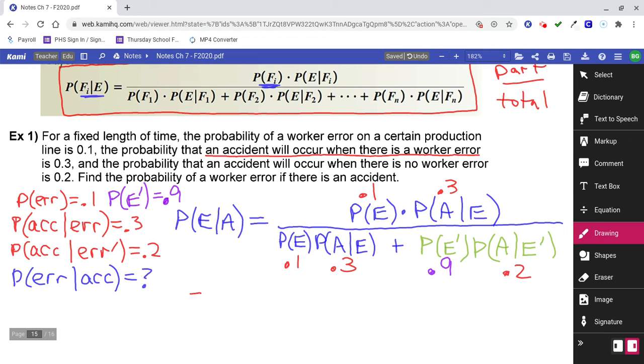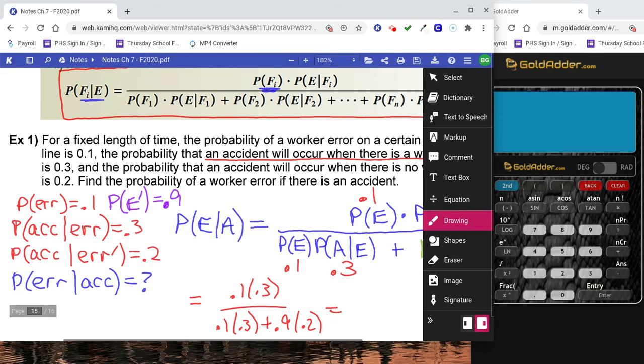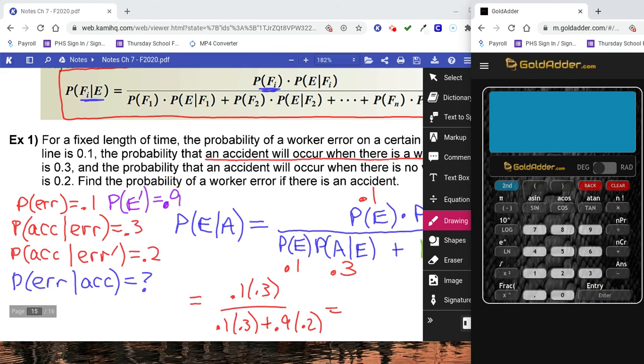So clean up your numbers a little bit. You've got 0.1 times 0.3 over 0.1 times 0.3 plus 0.9 times 0.2. Sorry, what? No, those aren't going to cancel.